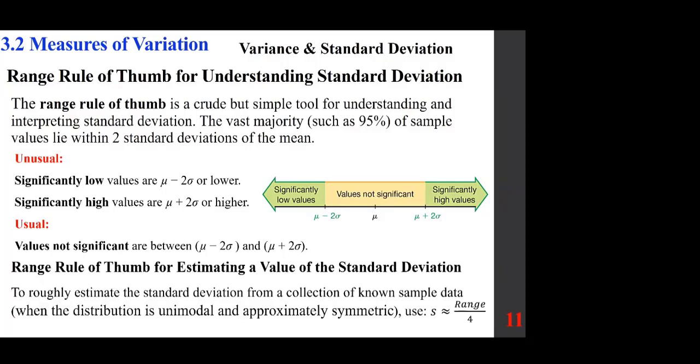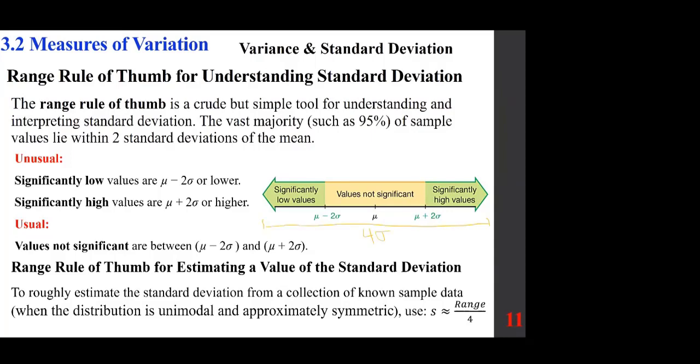To roughly estimate the standard deviation from a collection of known sample data, when the distribution is unimodal and approximately symmetric, use s approximately equal to range over 4. This distance from here to here is 4 sigma.